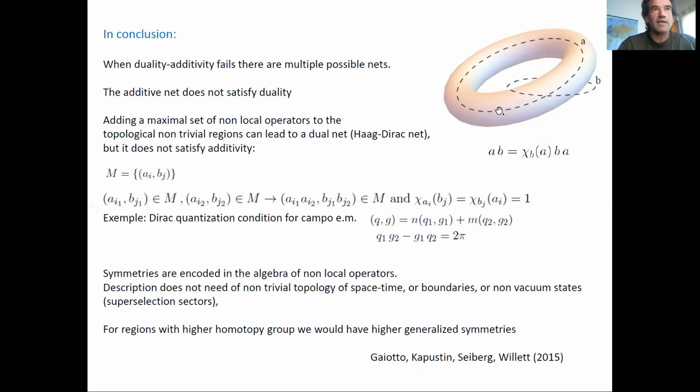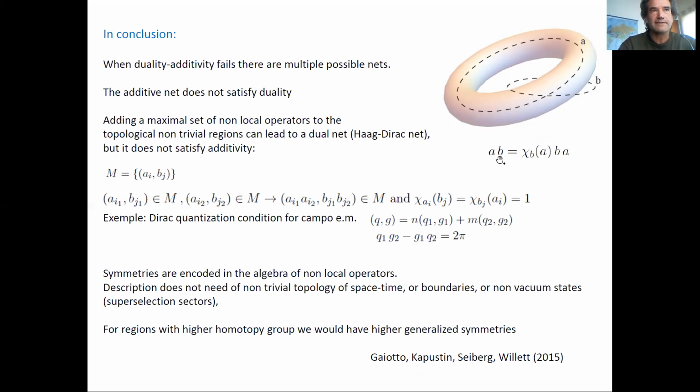When you take a maximal possible choice, then you end up with what we call the Haag-Dirac net, in the sense that this is related to the Dirac quantization condition. If you have, for example, in the Maxwell field, an electric flux here and a magnetic flux, in order that they commute with each other, they have to satisfy this Dirac quantization condition.